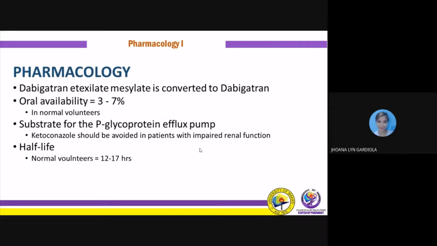Pharmacology. So, after oral administration of the prodrug, dabigatran etexilate mesylate is converted to dabigatran.